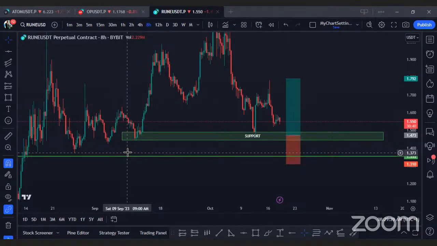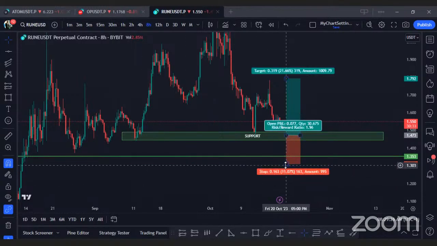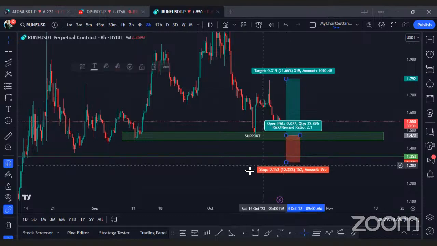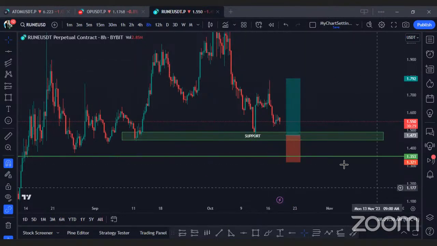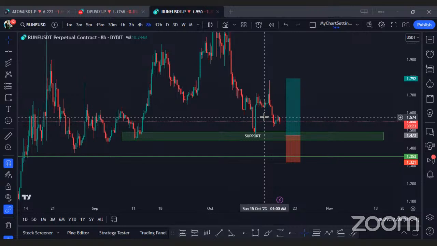So it will definitely push my liquidation price further, and then I'll put my stop loss at 1.35 or so. With this, the DCA into this position will definitely work.